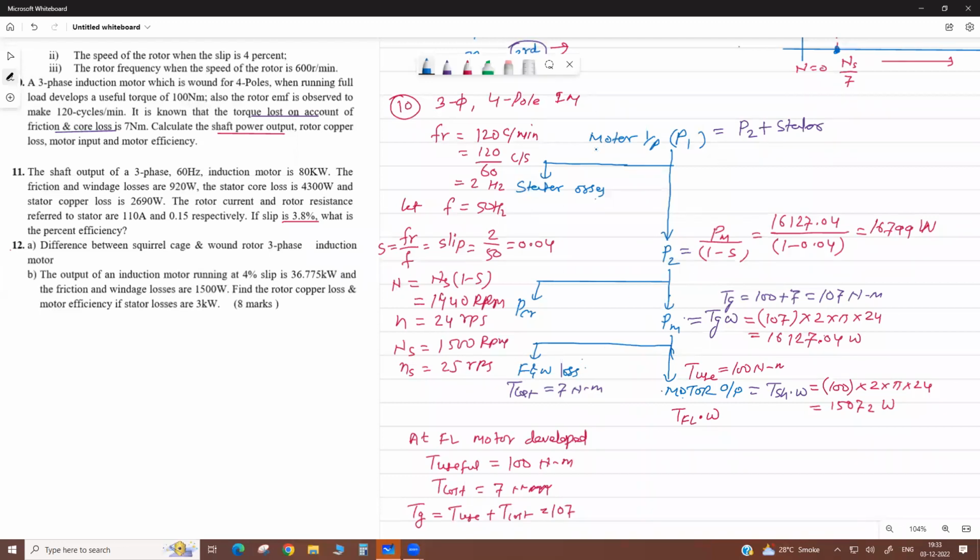In a three-phase induction motor, core loss is considered only in the rotor, not the stator. Rotor core losses are neglected. Now he asked for the rotor copper loss also, so here you can put in the second part rotor copper loss. Here you can write P2 minus PM.